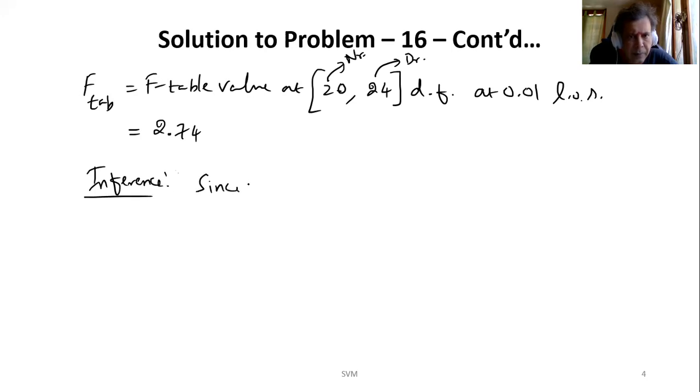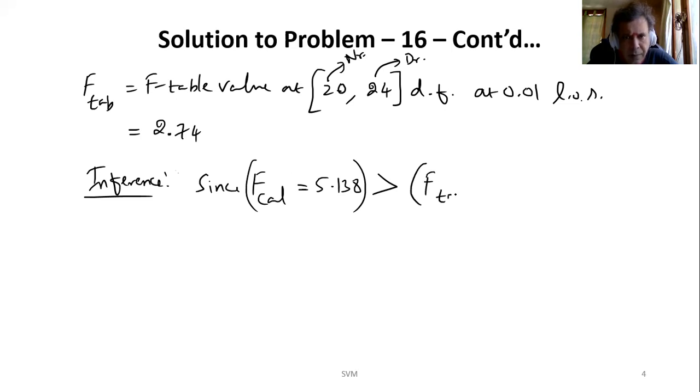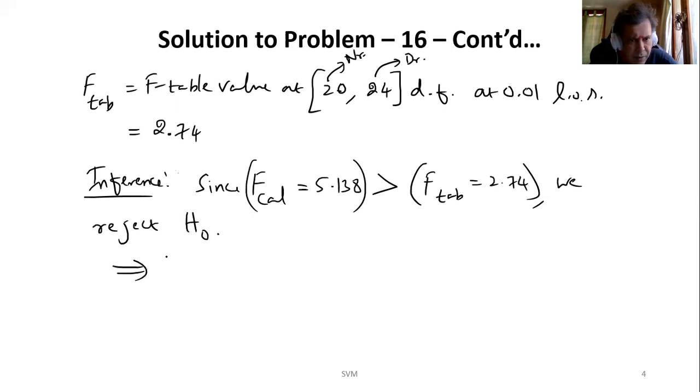Since F cal, which is 5.138, is larger than F table, which is 2.74, we reject H naught, which means we accept H1.